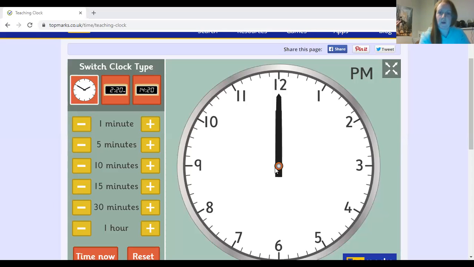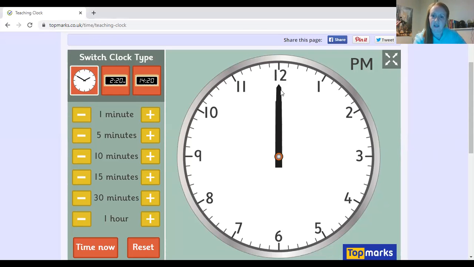Okay, here we go. So I've got a clock here. Now you can get this clock up yourself as well. It is on Top Marks. If you have a look up here, Top Marks, it's called teaching clock. So normally if we were in school now, you would all have little mini clocks and I would have a bigger clock and we could all do this together. So it's a little bit more difficult because we're at home.